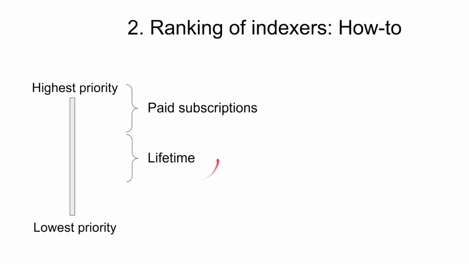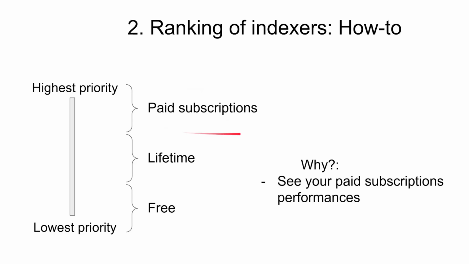The second layer is going to be your lifetime subscriptions. And the third one are your free ones. And you want those two to be separated because what happens is each year when you have to repay those subscriptions, you need a way to benchmark them. You need to see if this indexer was good for you or it wasn't, or it was your lifetime doing most of the work and your paid subscription did not do much.